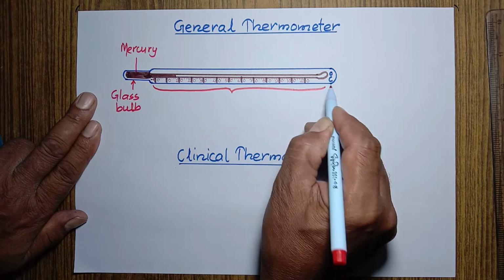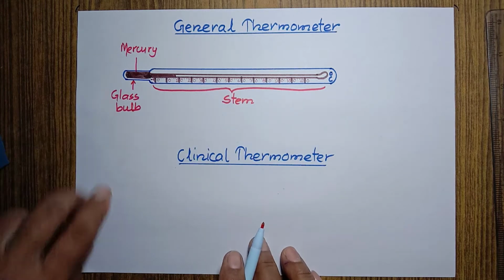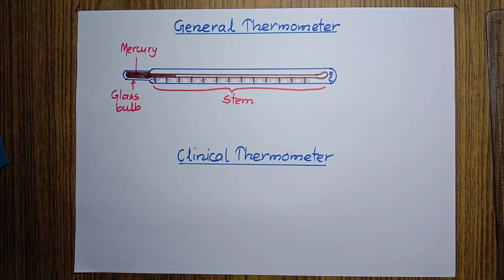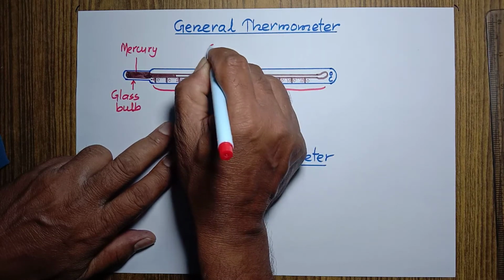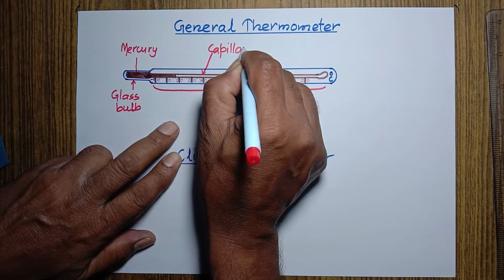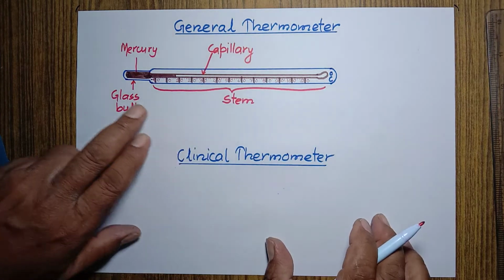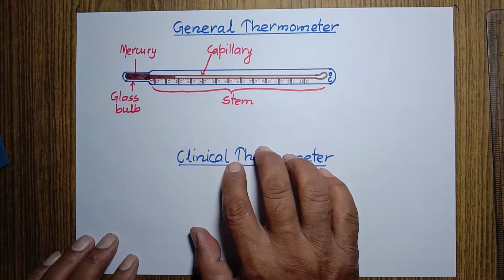This is the stem, and the other one, this one is the capillary. Capillary. And this is the labeling and complete representation of what? The general thermometer.